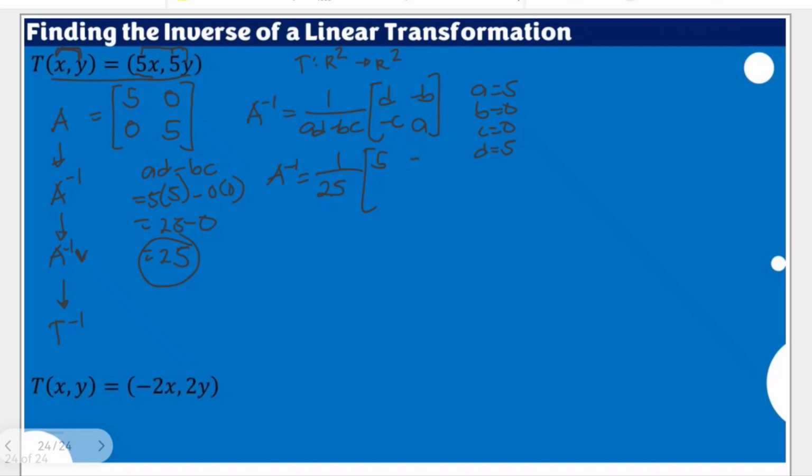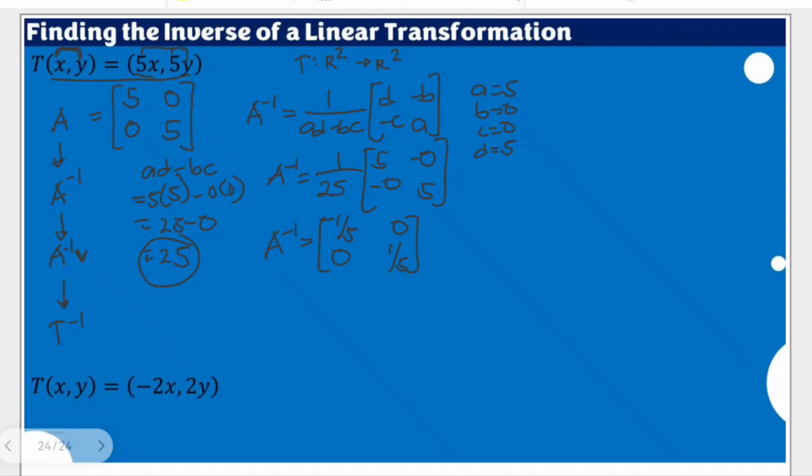So negative of 0, negative of 0, and then 5. Of course, that's still 0 and 0. So your inverse is equal to 5 over 25, or 1/5, 0, 0, and this is also 1/5. This is now the inverse of our standard matrix of the linear transformation T.